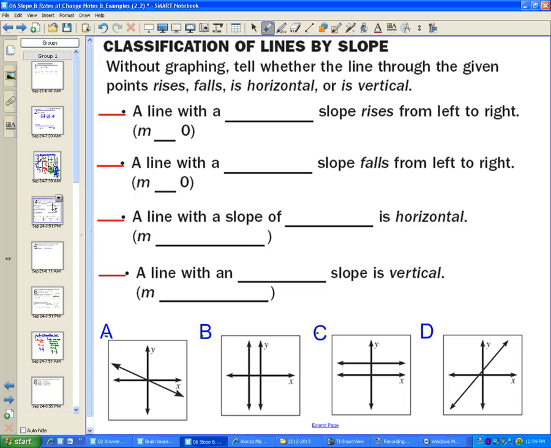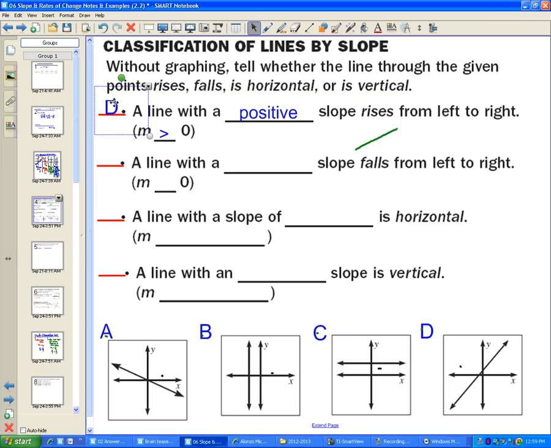So if it rises from left to right, that means I have a positive slope, greater than 0. Which of these, A, B, C, or D, rises from left to right? That's D. So the answer for this is D.